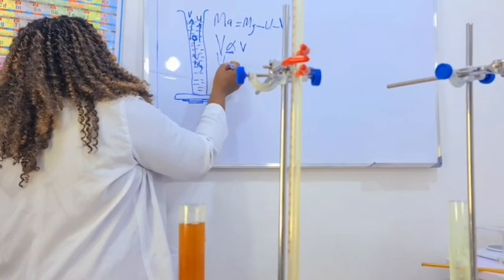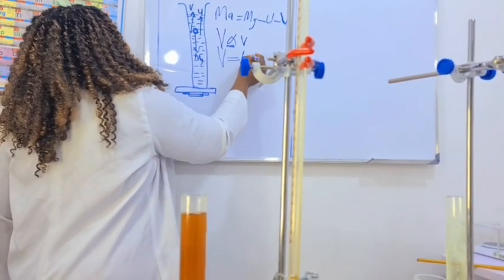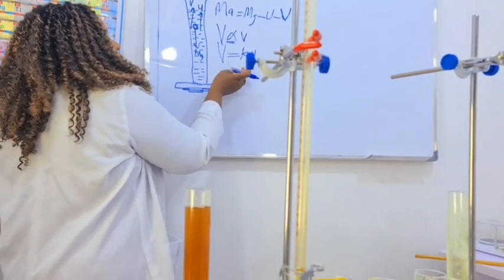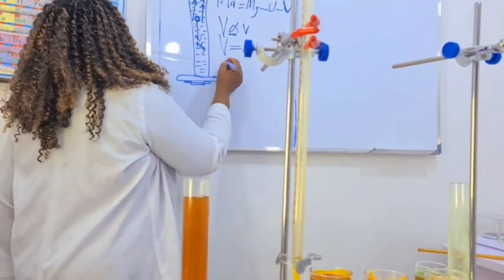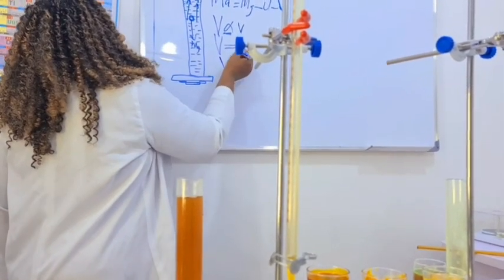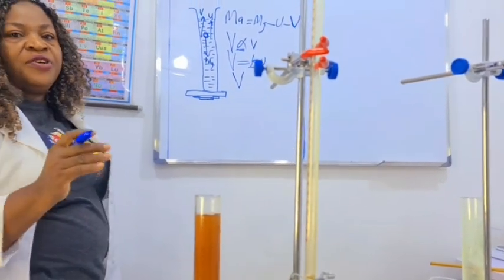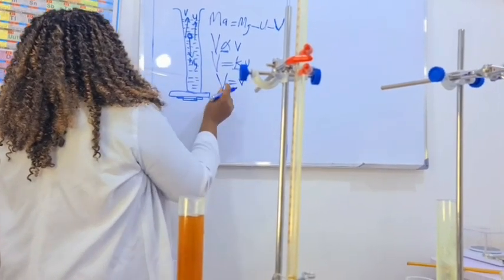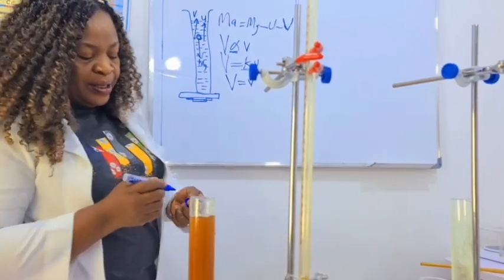We now introduce our equality sign that comes with a constant. We now have V, the viscous force, is equal to K times the terminal velocity. And since our proportionality constant K has a value of 1, the viscous force is now equal to the terminal velocity.